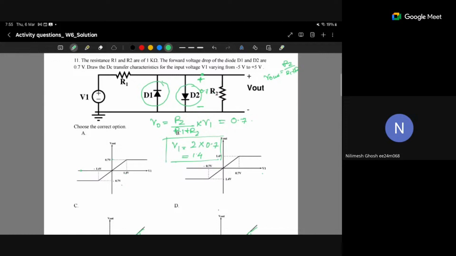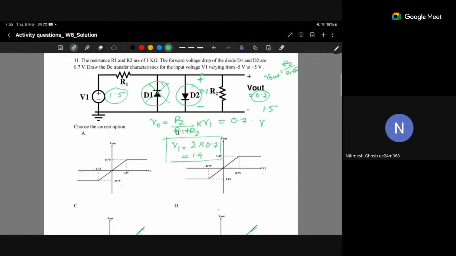But if we move further, let's say we are providing 1.5 volt. This diode is anyway reverse biased, and this diode will provide 0.7 volt here. So Vout will be clipped at 0.7 volt itself. It will not go further.